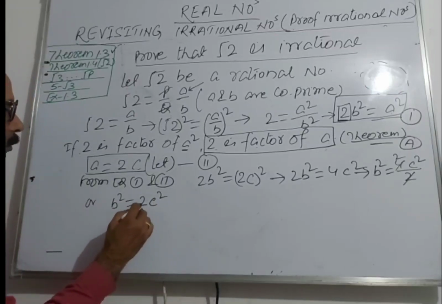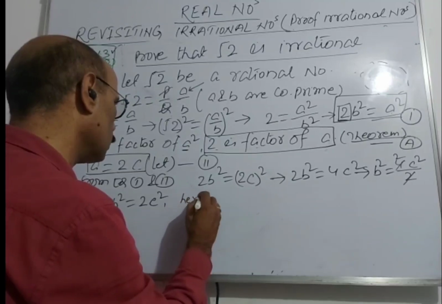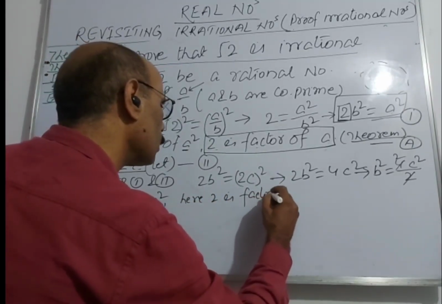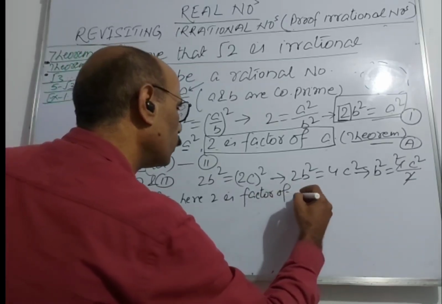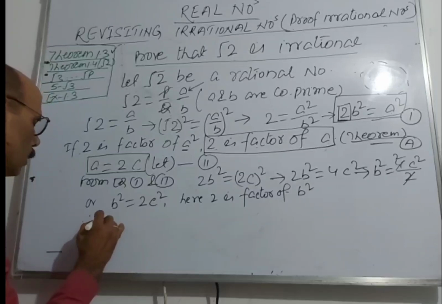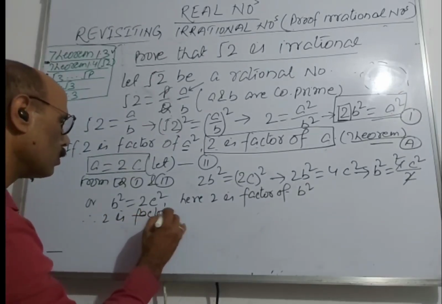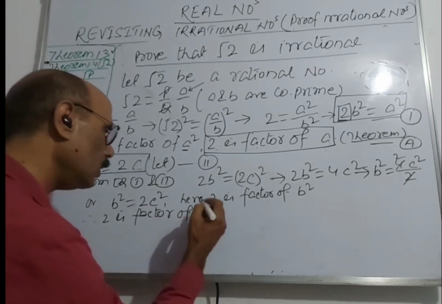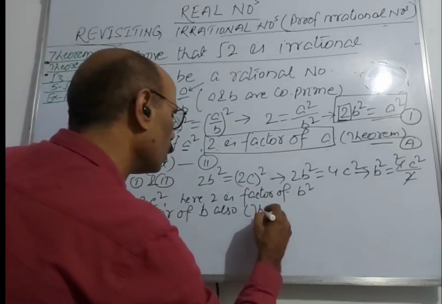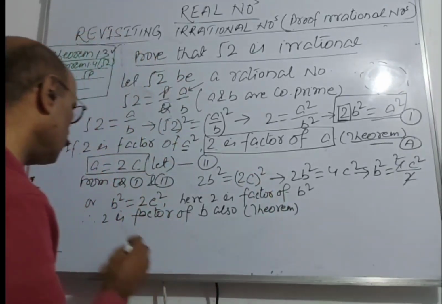Here 2 is a factor of b square. Therefore 2 is a factor of b also, by the theorem.